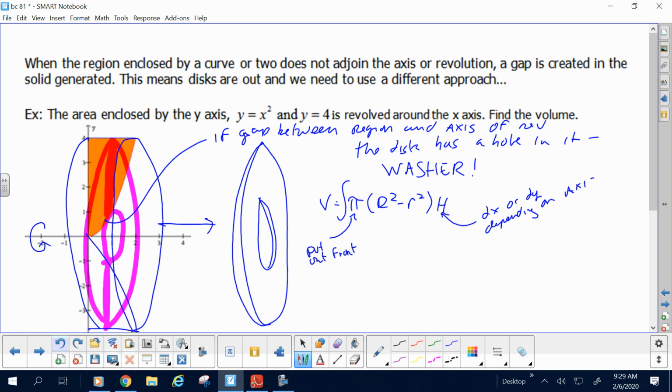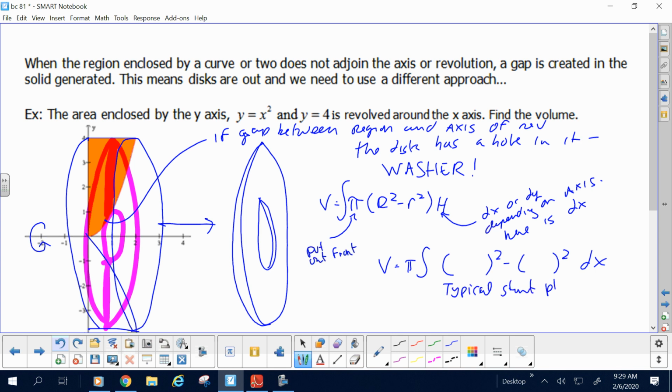In this case, it's dx. And the rule of when you go around the x-axis, use x, and when you go around the y-axis, use y, still applies. Not different. So at this point, then we have pi out front and big R squared minus little r squared dx is the typical starting point.